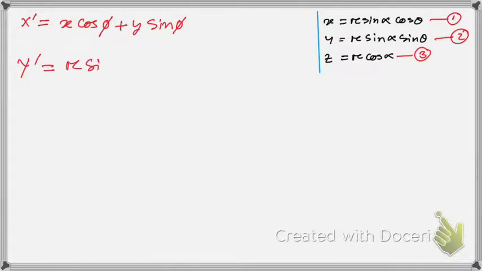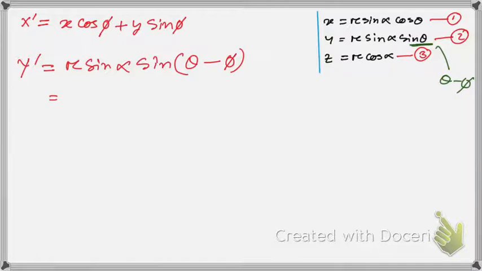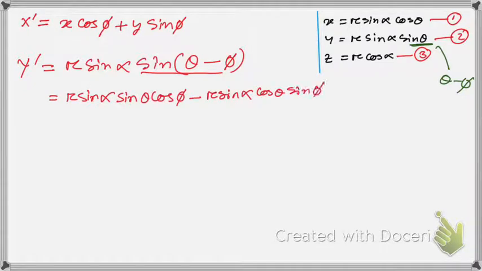So y dash will be equal to r sine alpha, where theta is replaced by theta minus phi. Let us apply the sine A minus B formula. Then you're going to get this. Applying the sine A minus B formula, you can see these two parts: r sine alpha sine theta is nothing but y, and r sine alpha cos theta is x, right?